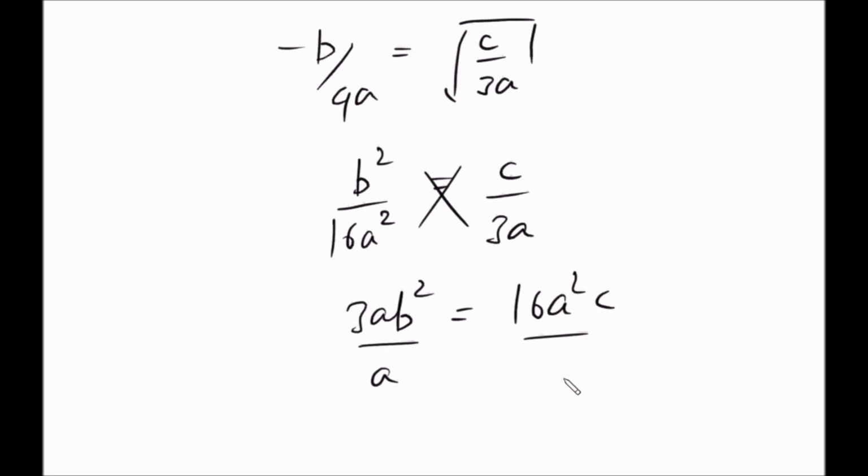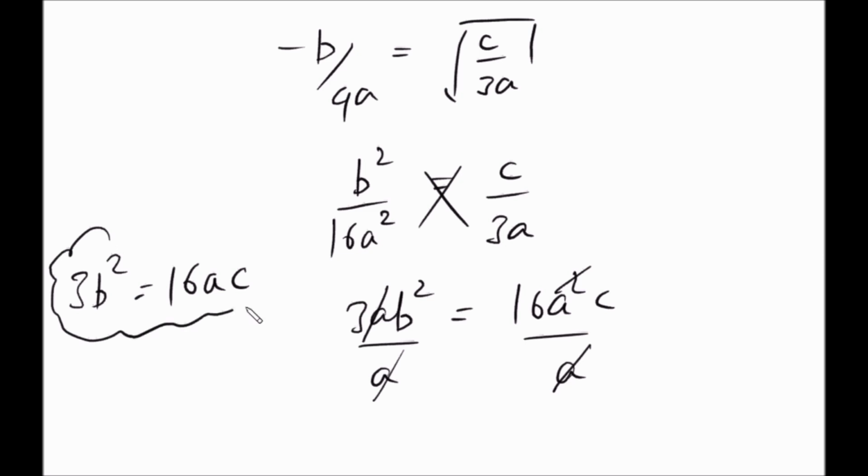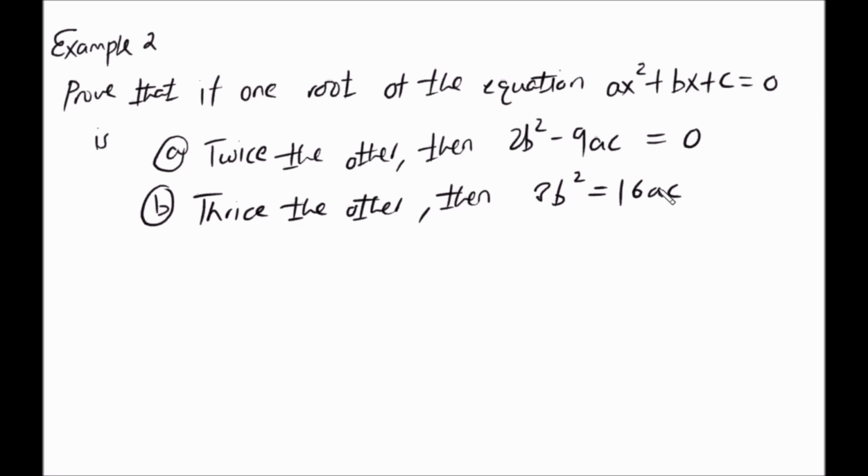Divide by a on both sides, and we get 3b squared equals 16ac. Hence proved, as the question wanted, to prove that 3b squared is equal to 16ac. So this is example 2. Let's see now example 3.